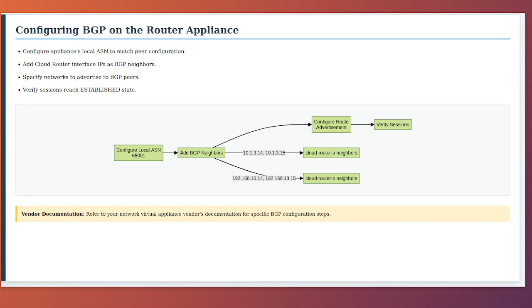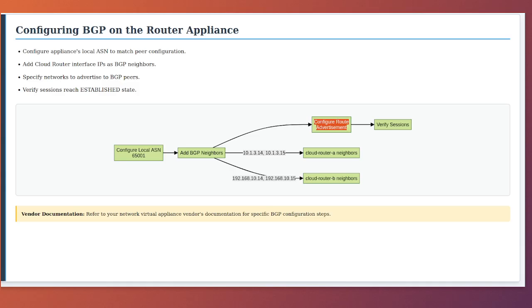For Cloud Router A, you would add neighbors 10.1.3.14 and 10.1.3.15. For Cloud Router B, you would add neighbors 192.168.10.14 and 192.168.10.15.